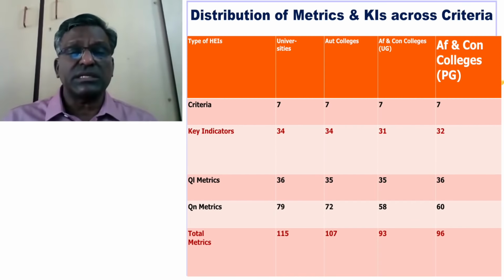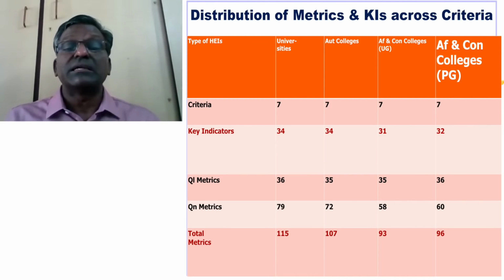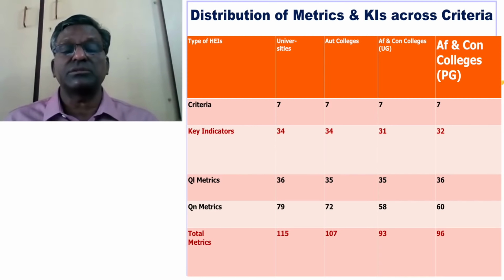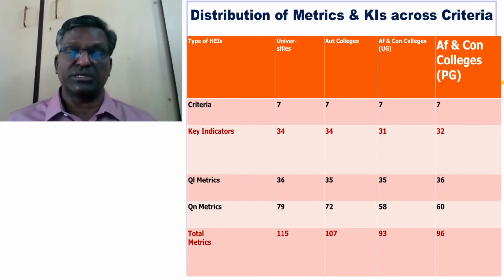How many students are there? How many teachers are there in this institution with PhD? These are data, these are quantitative. So it is quantified. Therefore they are called quantitative metrics. Now, what are the best practices of this institution, or what is unique about this particular institution that cannot be quantified? So you need to describe it, you need to talk about it, you need to articulate it. Therefore it is called a qualitative metrics.